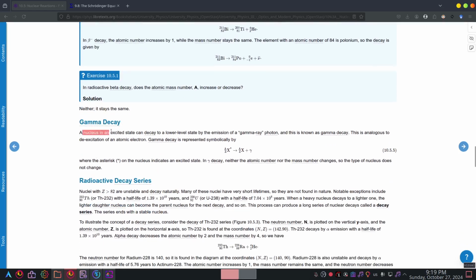It says a nucleus in an excited state can decay to a lower level state by emission of a gamma ray photon, and this is known as gamma decay. This is analogous to a de-excitation of an atomic electron. This is one of the most important decays that you have in nuclear physics.